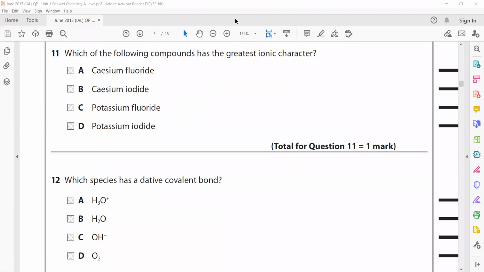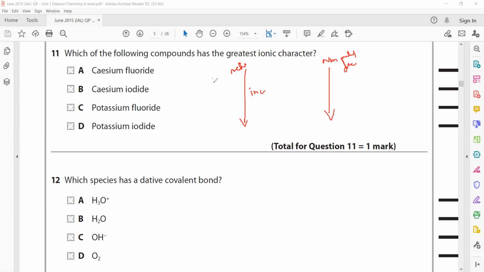Which of the following compounds has the greatest ionic character? To identify the ionic character, consider the size of the ion. When they have a greater difference in reactivity, they will have a greater ionic character. So when we check down the group, for metals of group 1, reactivity increases, and for non-metals, reactivity decreases.